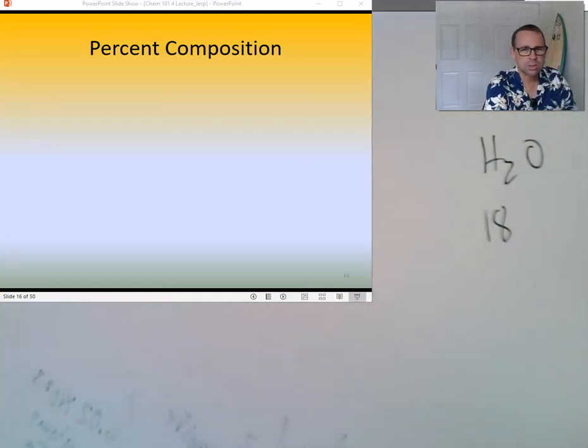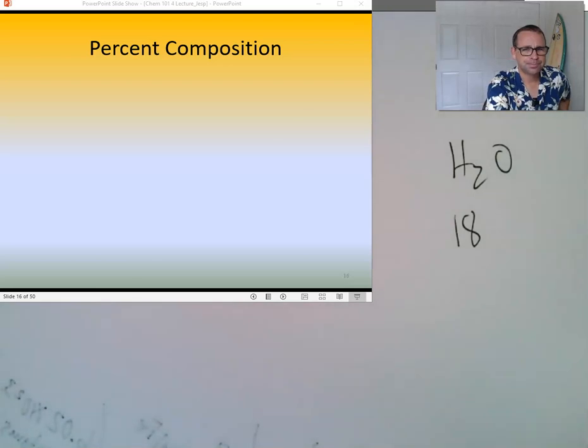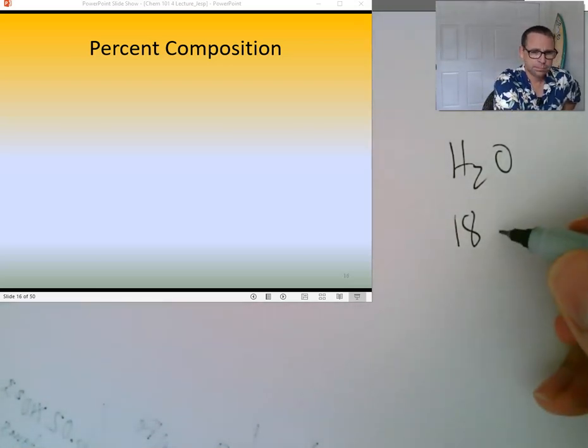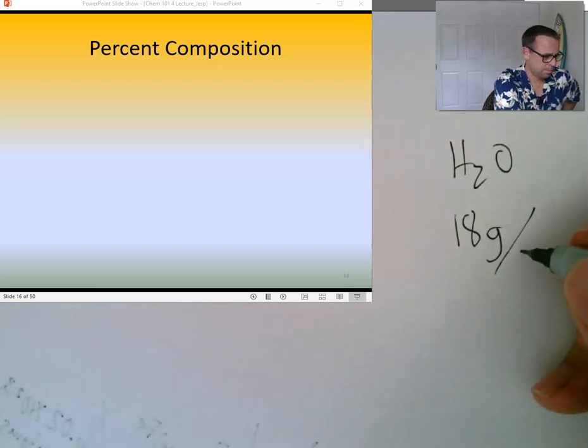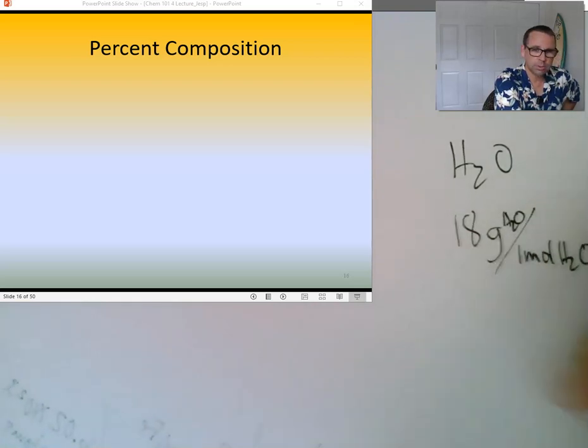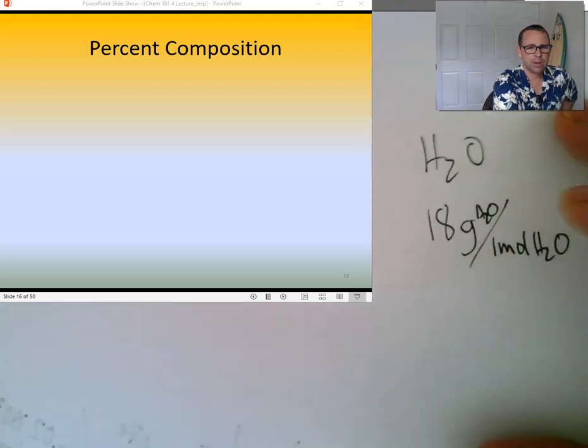And do you remember the units on that 18? Grams. Per what? Equals 1 mole. That's right. 18 grams of water is how much you need if you want 1 mole of water. Okay, very good.